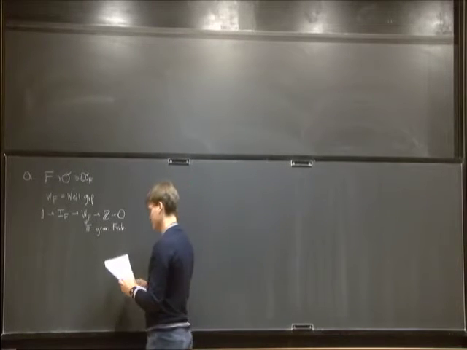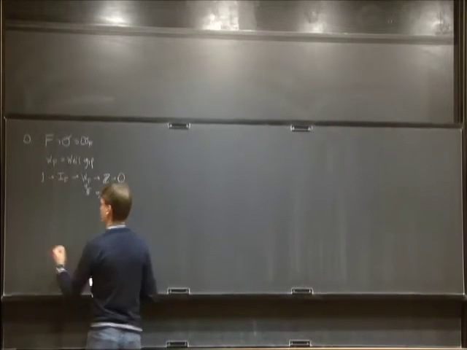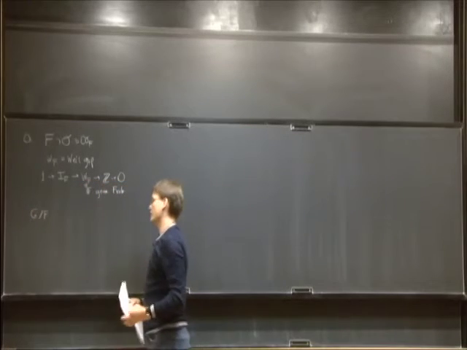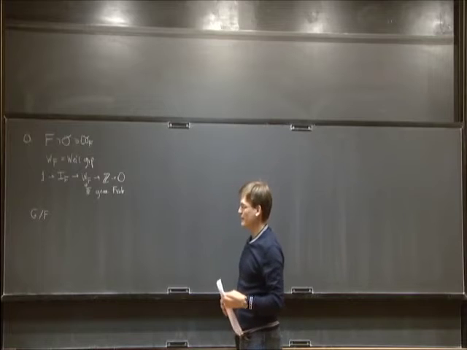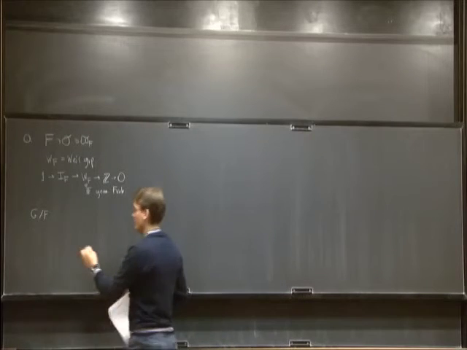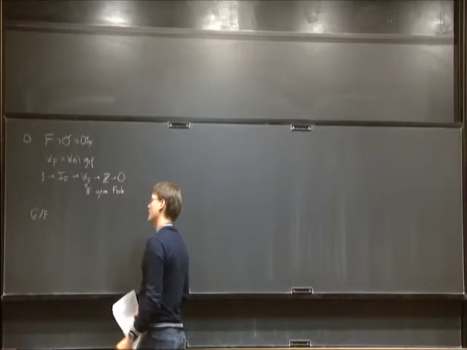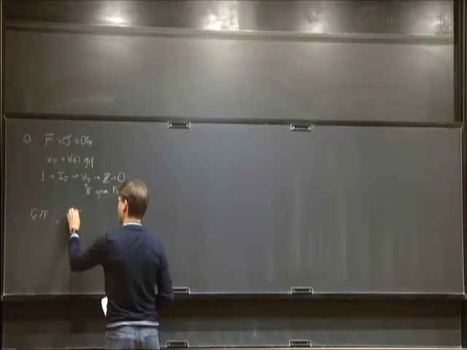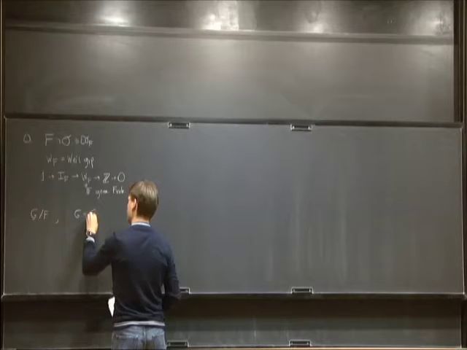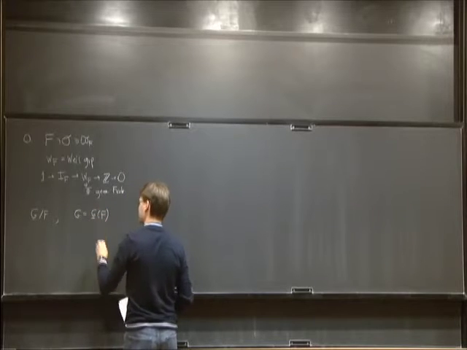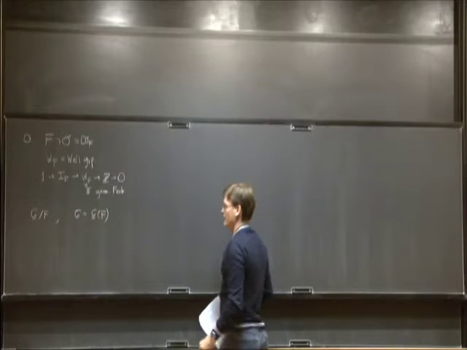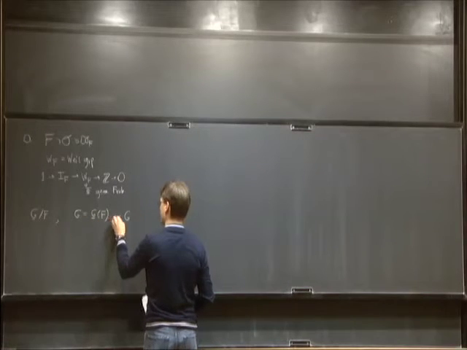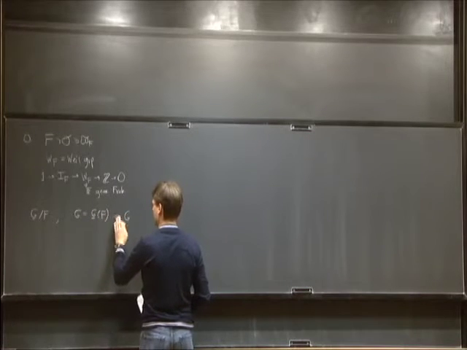G is going to be a connected reductive linear algebraic group. Usually I'll write it this way, but I'll shortly stop writing the underline. So G will be the F-points, and like I said, I'll just be writing G instead.